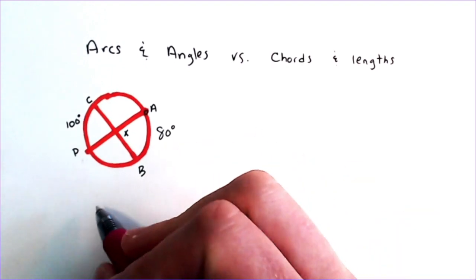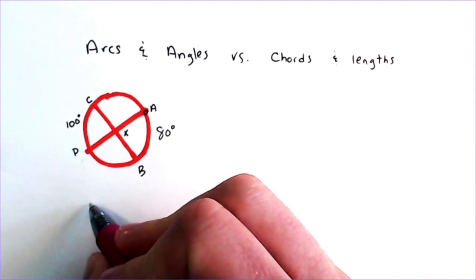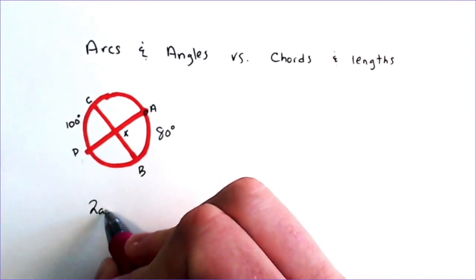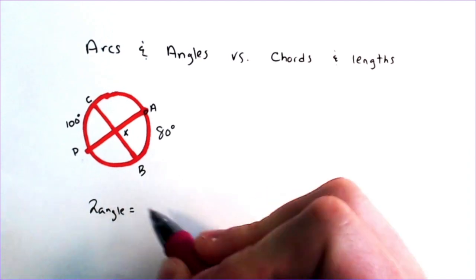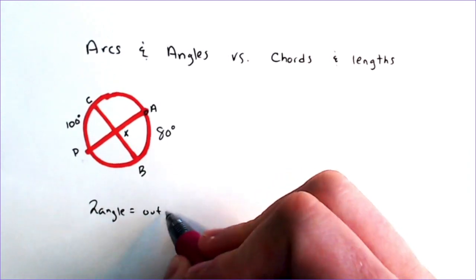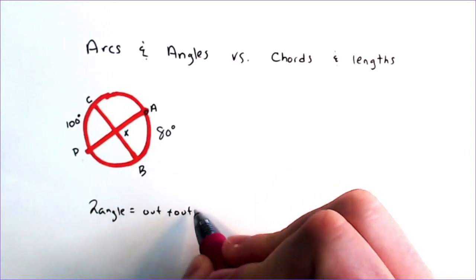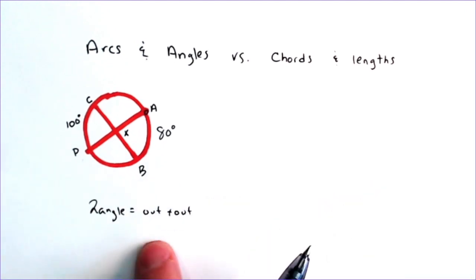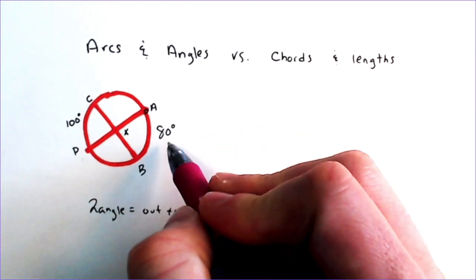And a way that you could do it is you could do my formula. I like to say it is 2 times the angle is equal to the outside plus the outside added together. So 2 times the angle equals the out plus the out. And in this case, the outsides are going to be the 100 and the 80.